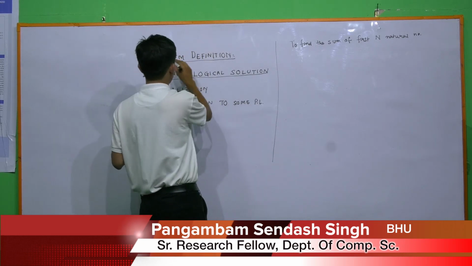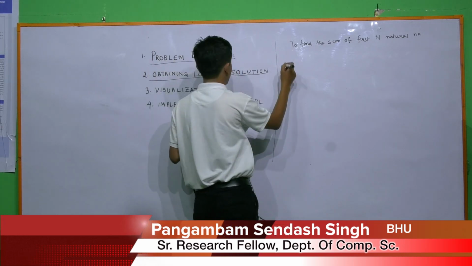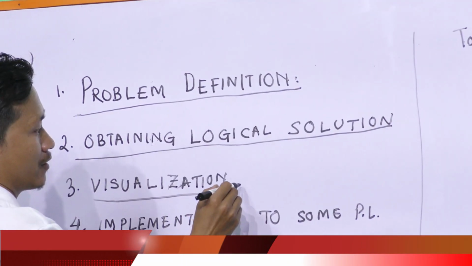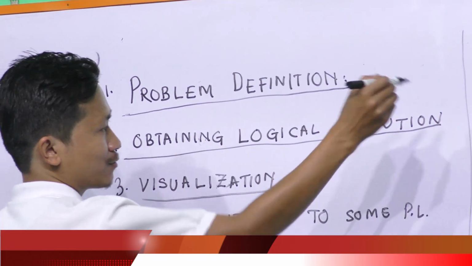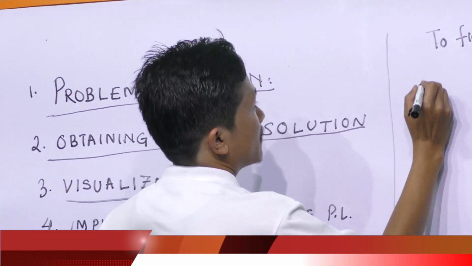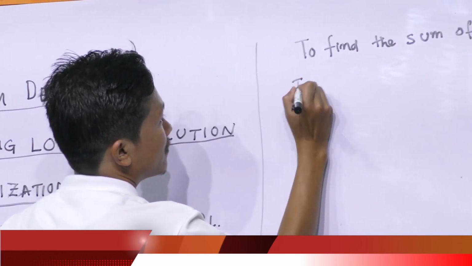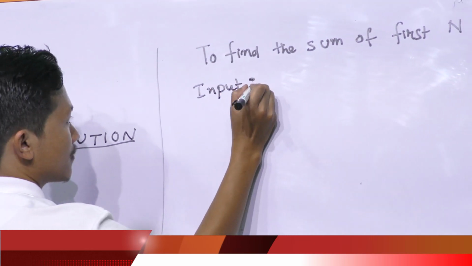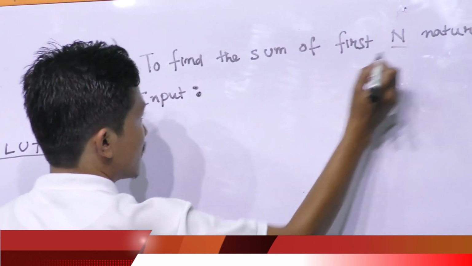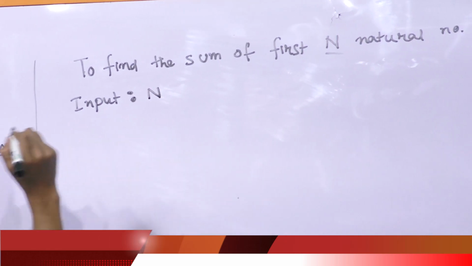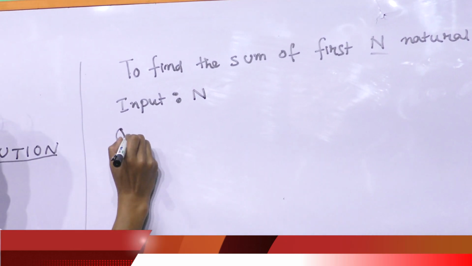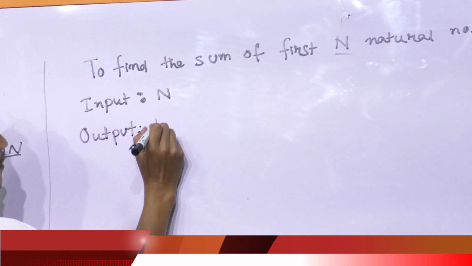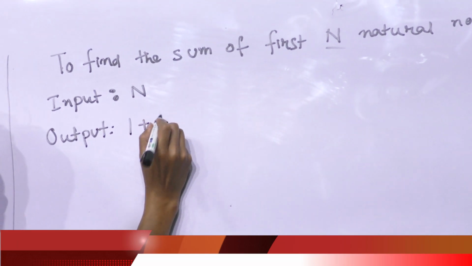First step, problem definition. I will illustrate the visualization step, which means I will illustrate the flowchart, in this problem. So here the input is this value n, and the output is the value of this sum.